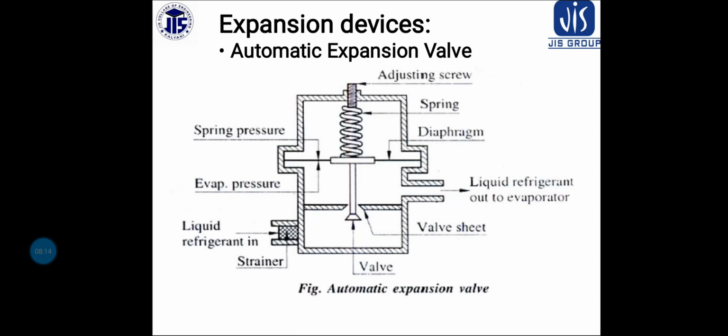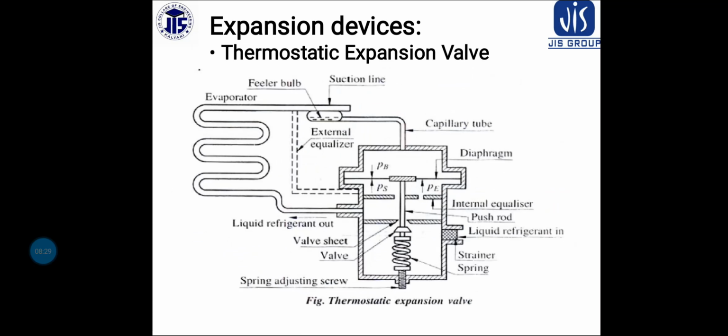As a result, it is a throttling process, the enthalpy remains unchanged here, and we get a low temperature, low pressure liquid refrigerant. So this is the function of the automatic expansion valve.